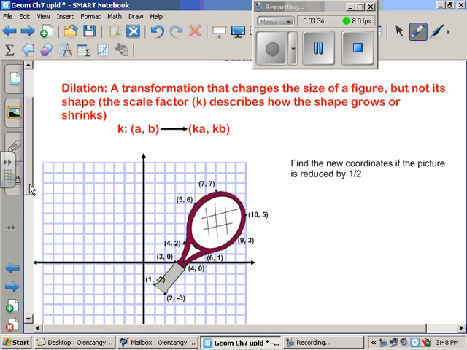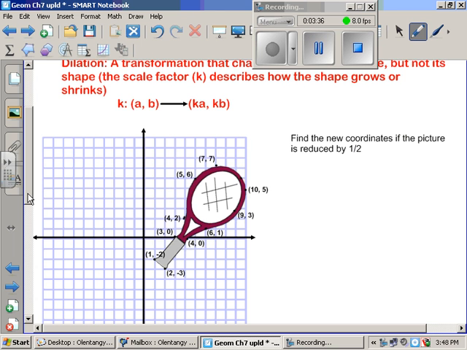So for instance, if my scale factor is 1/2, instead of this point being at 7, 7, it's going to now be at 3 1/2, 3 1/2. So my shape is going to be down here, and then like 2, 1.